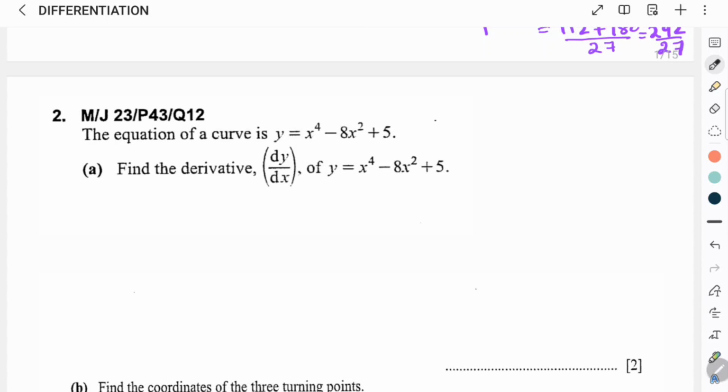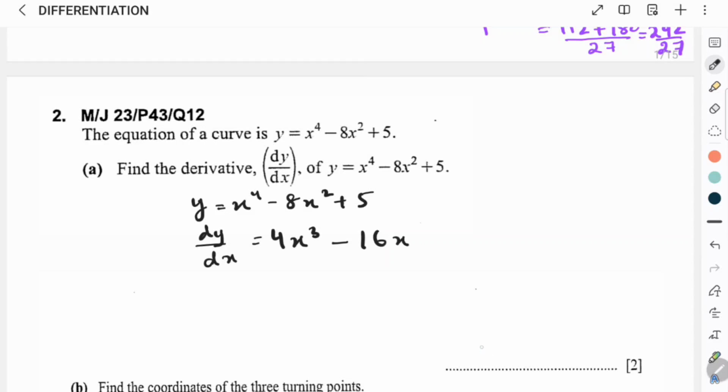So y equals x to the power 4 minus 8x squared plus 5. dy upon dx equals 4 times 1 is 4, and reduce one in the power; 8 times 2 is 16x. That's it. It's a 2 marks question. So dy upon dx equals 4x cubed minus 16x.